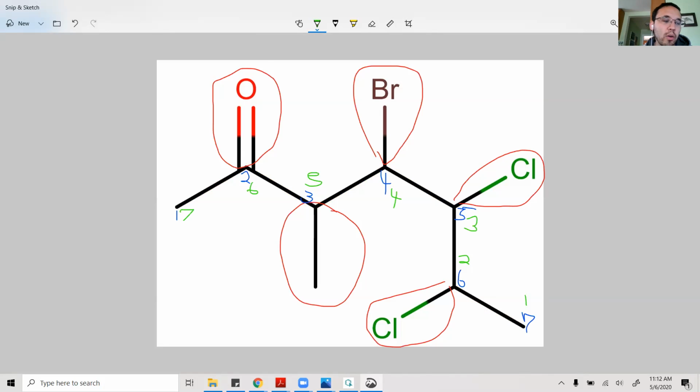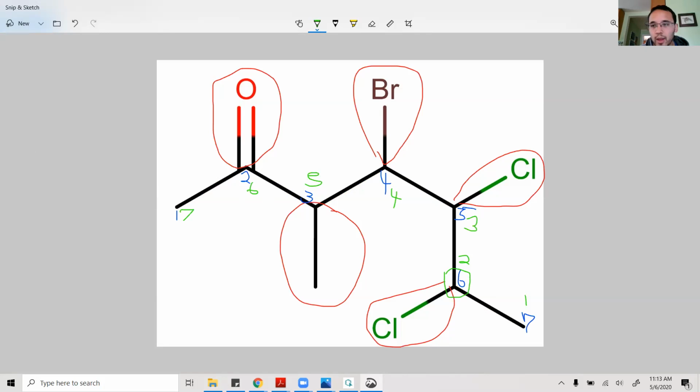When we're numbering them, we want to look at what's going to give us our lowest values. So right now we have a chlorine that starts either on 2 or 6, and we have another one on 3 or 5. Right? And then we have our ketone that starts on 2 or 6, and then the methyl that's on 3 or 5. So when we have those choices, we have to be able to decide which one we're going to start with.